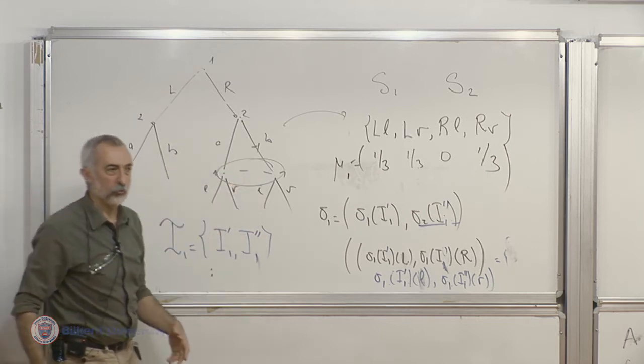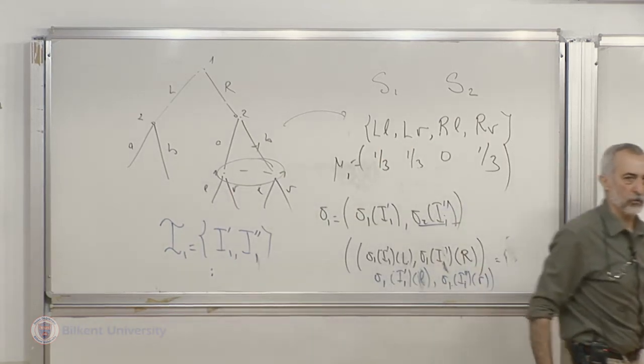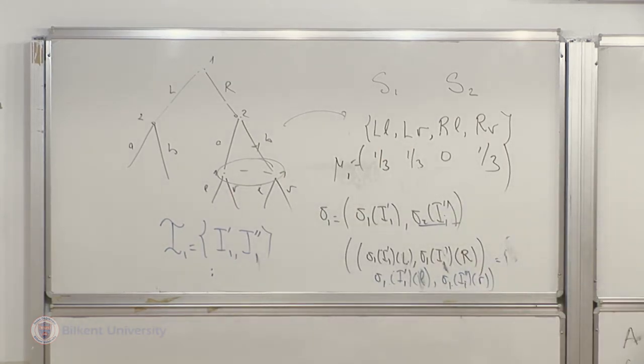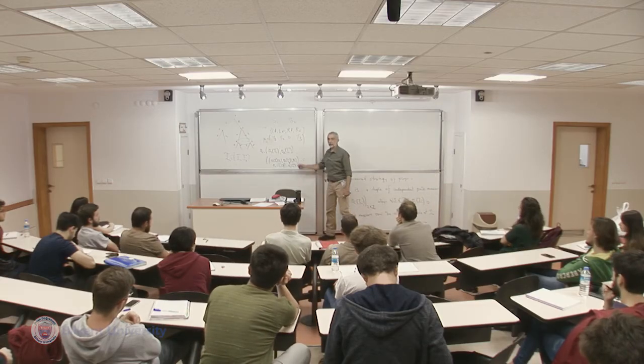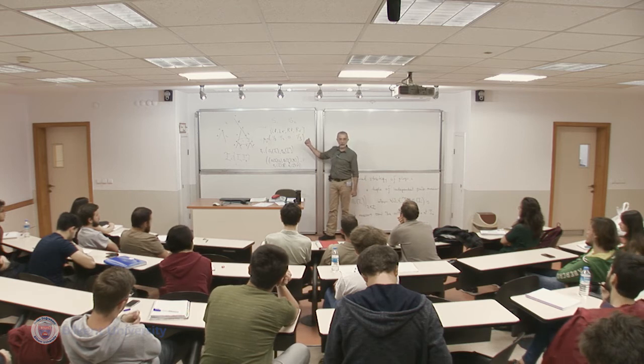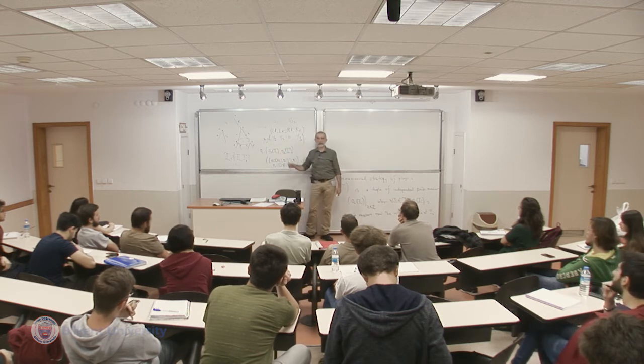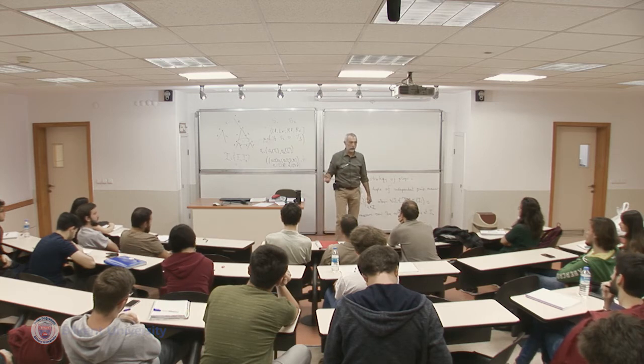So what we will understand from equivalence is, if they have the same probability distribution over the outcomes, the terminal histories. So then the question becomes, given any behavioral strategy profile, can we construct a mixed strategy profile which will induce the same probability distribution over the terminal histories and vice versa?